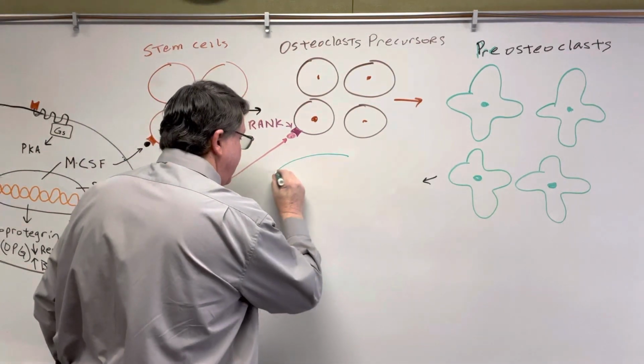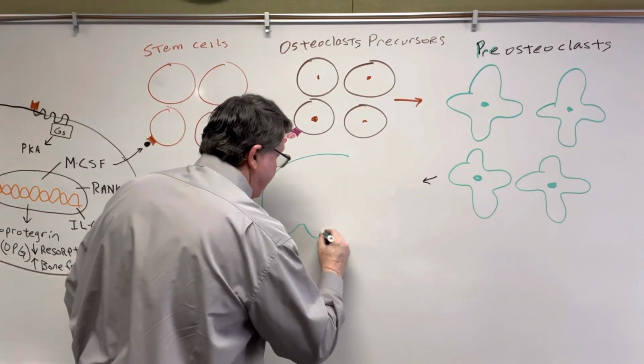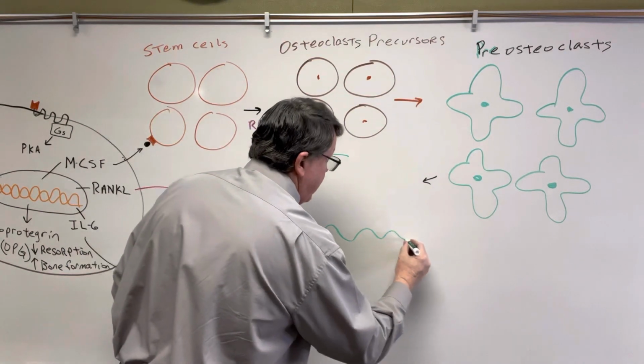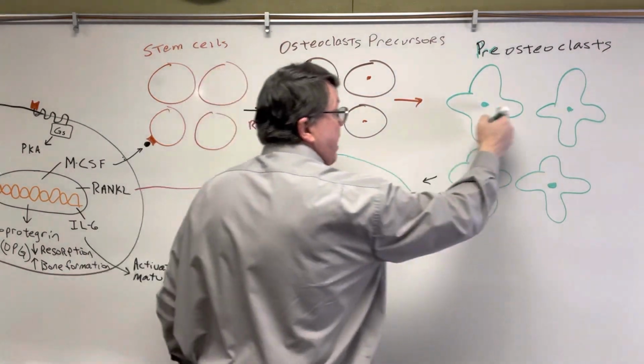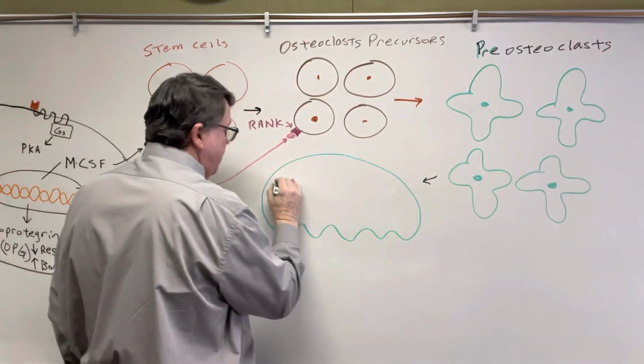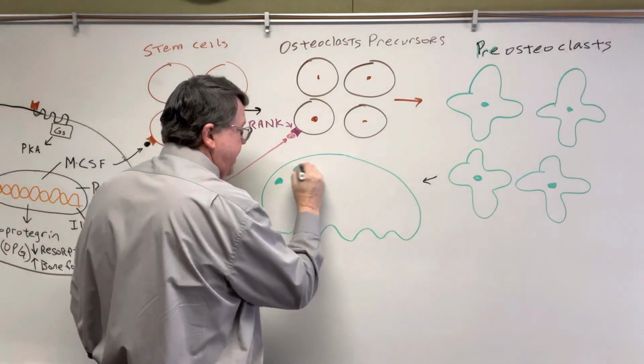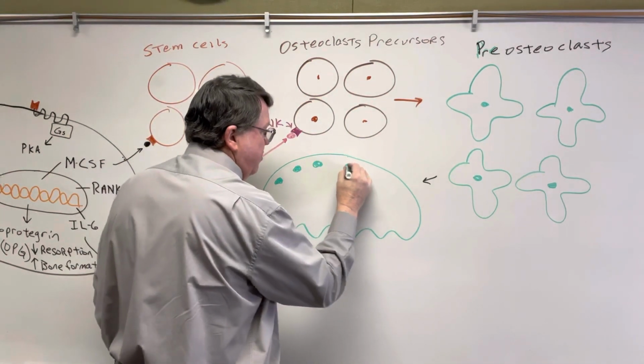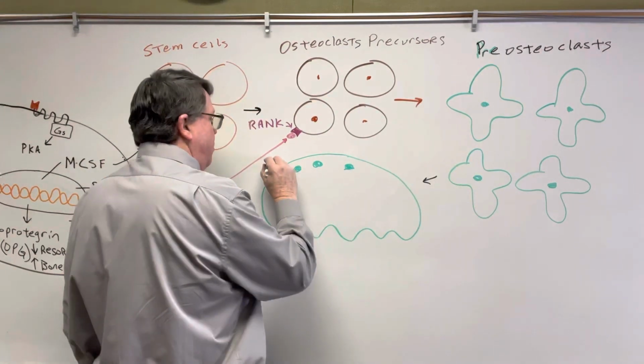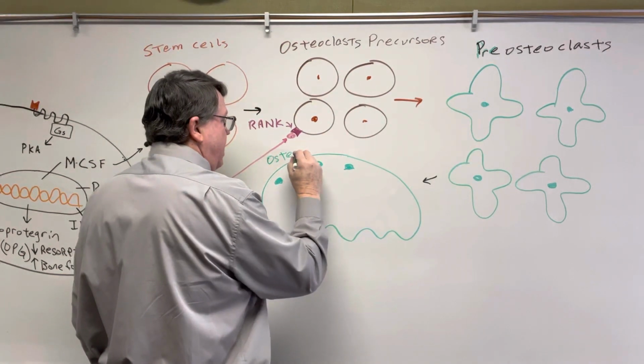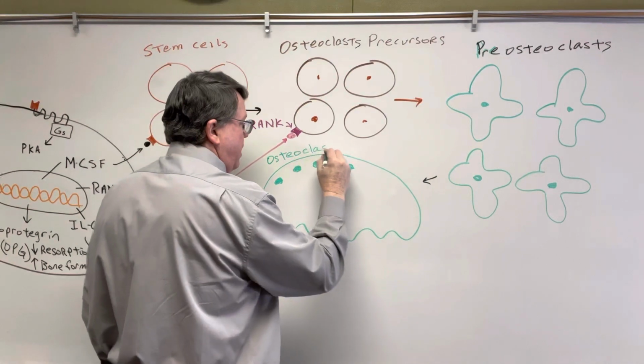So they've all fused together, and now my osteoclast is going to have a ruffled border, right? And if you notice, these all have nuclei. So this is going to be one big multinucleated mature osteoclast. Now, I'm only drawing 4, of course it's going to be a lot more than that, right? So this is my osteoclast, right?